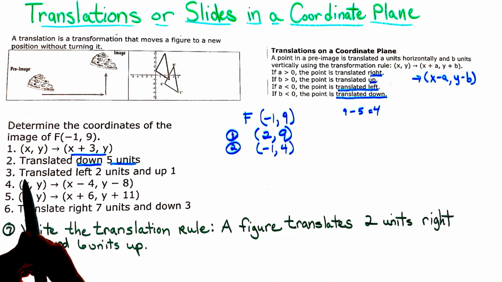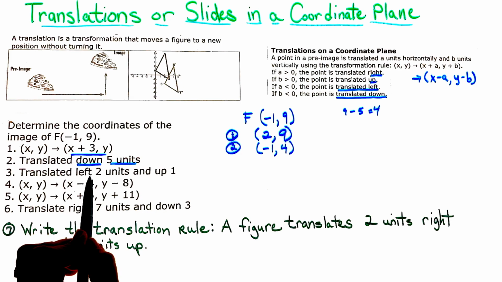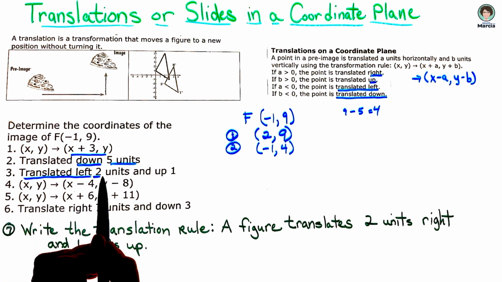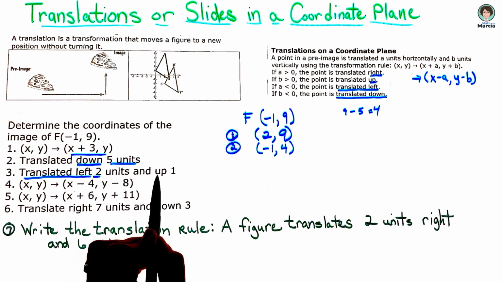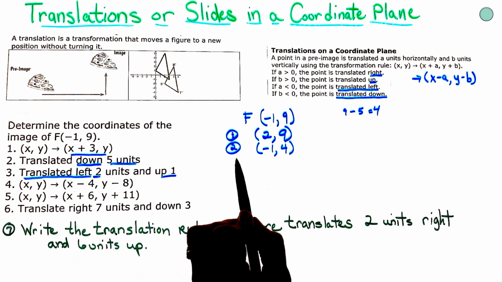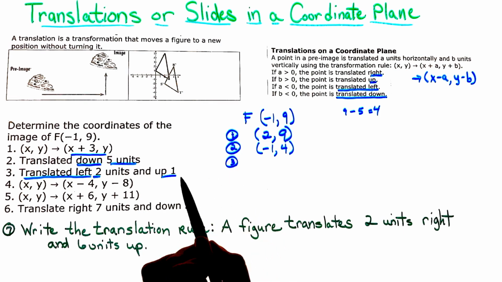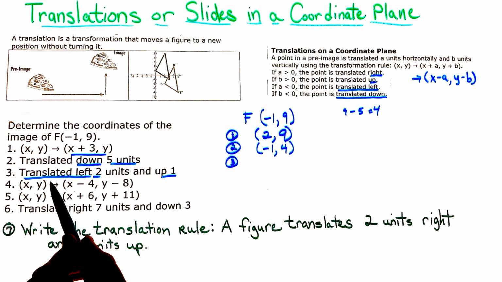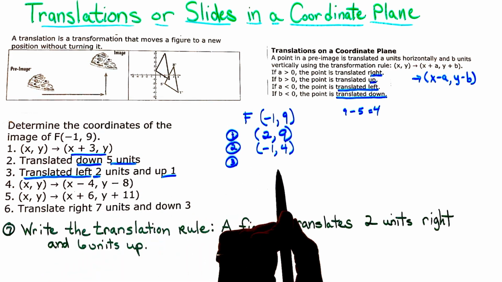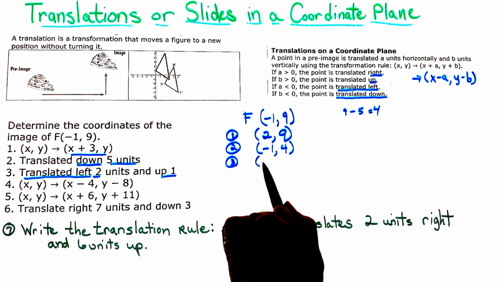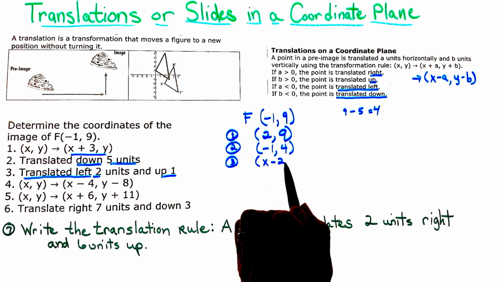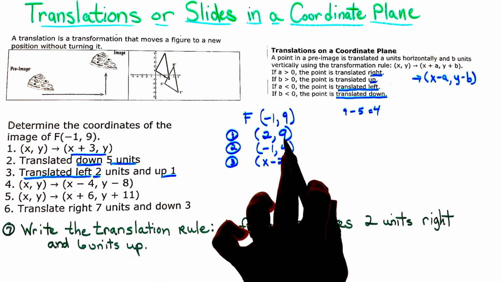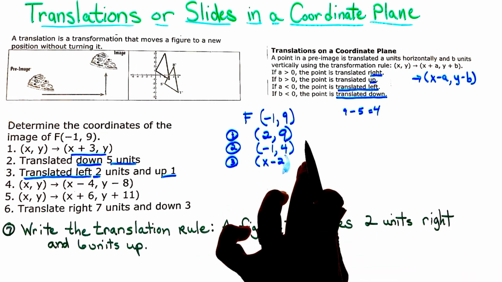For number 3, it's translated to the left 2 units, and then it goes up 1. Before we get started, I want to even write the rule. What does it look like if it's translated to the left 2 units? It's x minus 2.